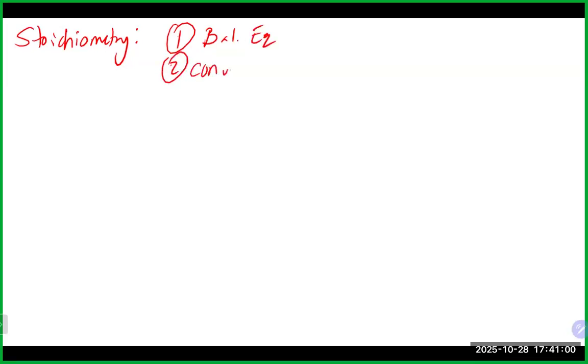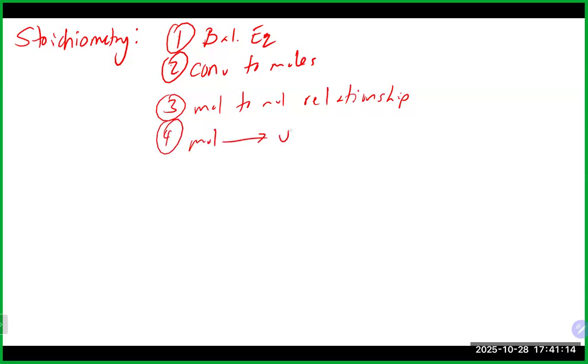So remember that when we're doing stoichiometry, there are really four basic steps for a basic stoichiometry problem, which is: balance your equation, convert to moles, do your mole to mole relationship from the equation, which is really the stoichiometry there, and lastly, take those moles to some other unit.